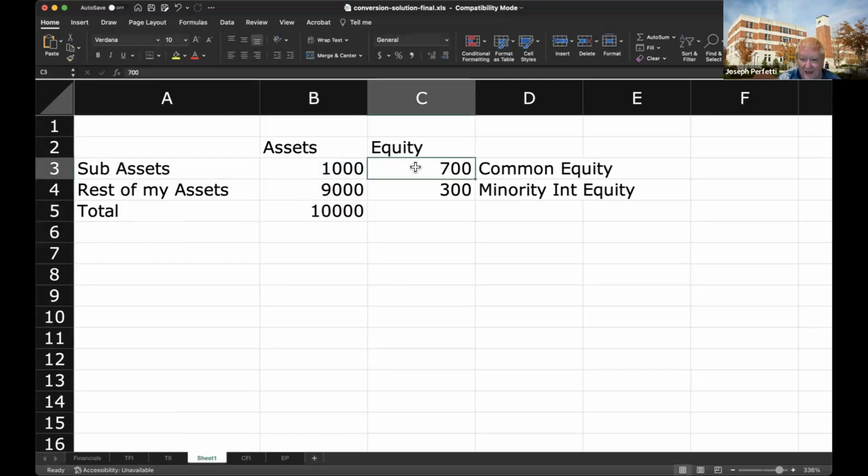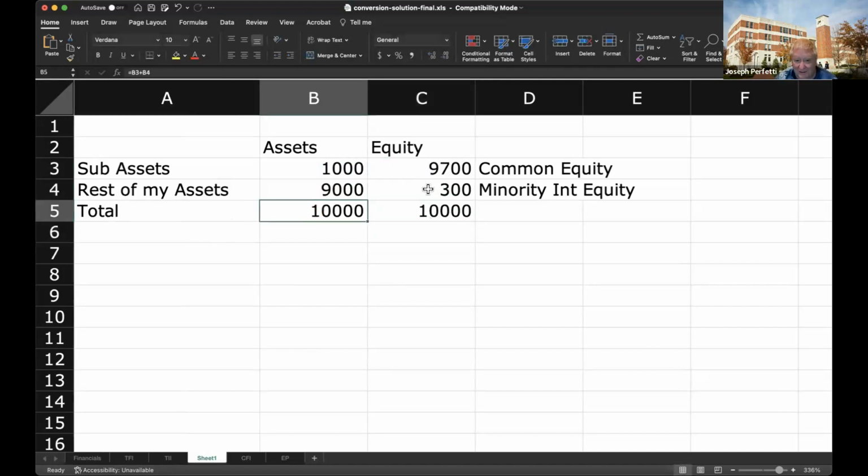And my actual common equity is 9,700. The minority shareholders own 300 of the 1,000. And so my total equity would also be 10,000. So there's a piece of this business that they own a part of that, but they don't own that. So I had to break them out. Can't say that they own that. That's what these people own. They own everything. But some of this is owned by these people. I break it out. That's what shows up on the balance sheet.